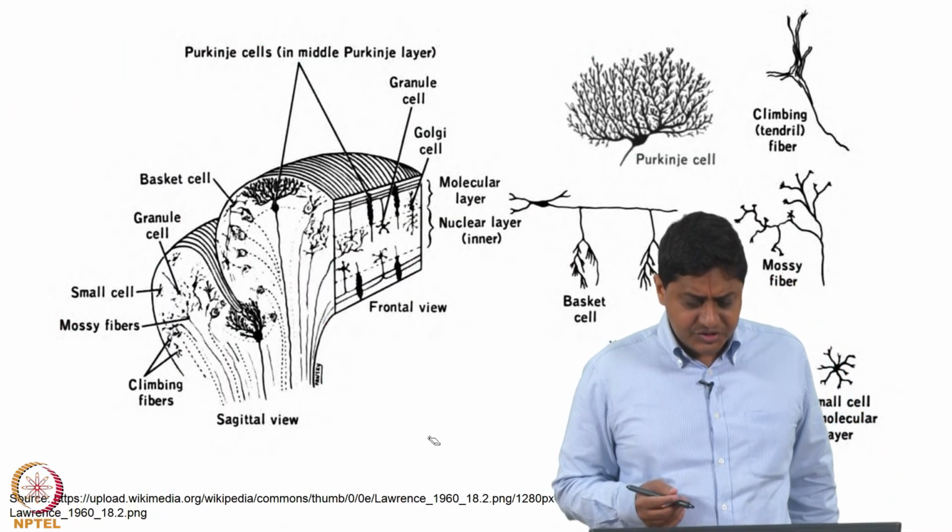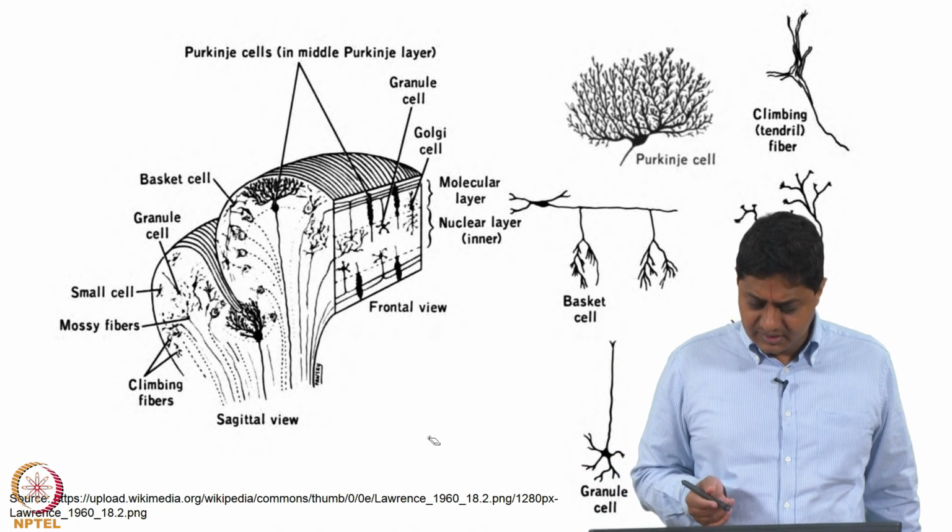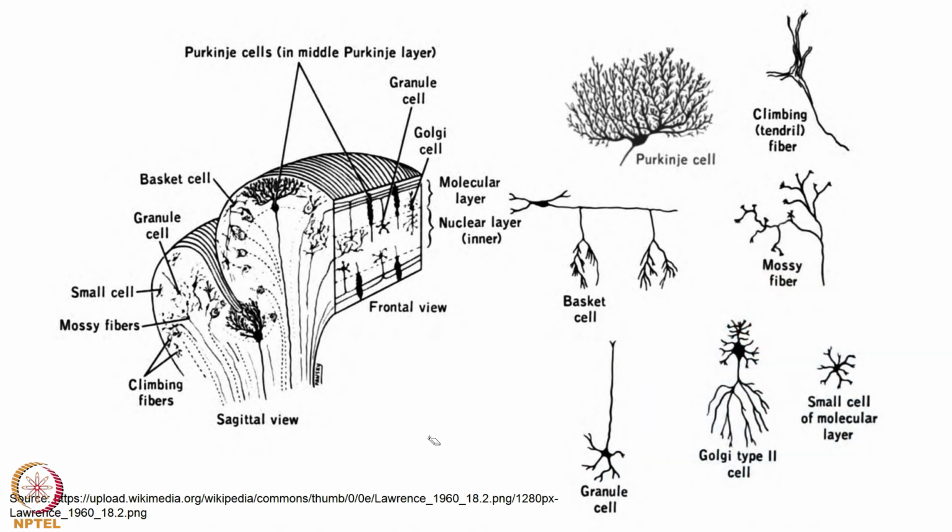Here is another picture showing one more time the Purkinje cells, Golgi cells, granule cells. So, this is a Golgi cell, this is a granule cell, and you see the distinct tree-like structure of the Purkinje cell when compared with the other cells, and how climbing fibers climb.